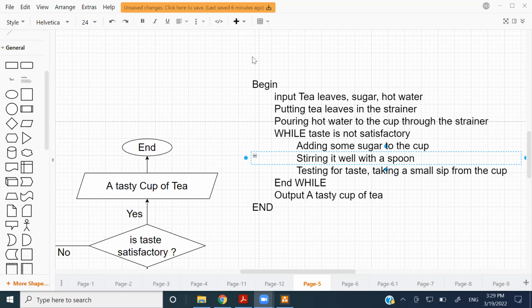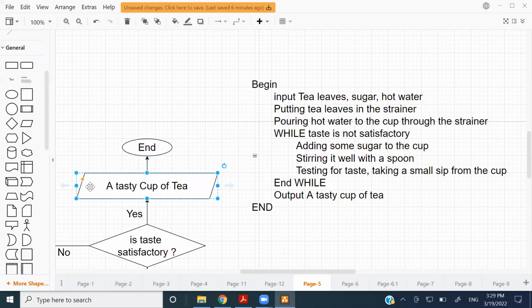It's better you put the word output though, because in the pseudocode, otherwise it won't indicate that this is an output. In the flowchart, we can understand from the shape that we are using, but here we won't be able to.